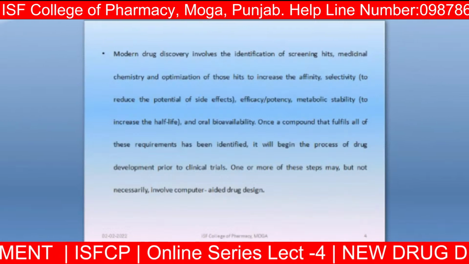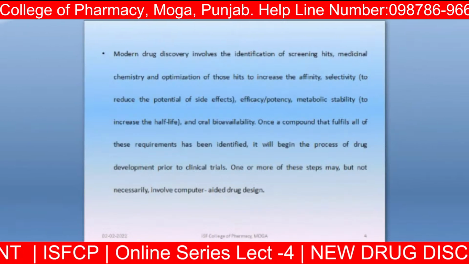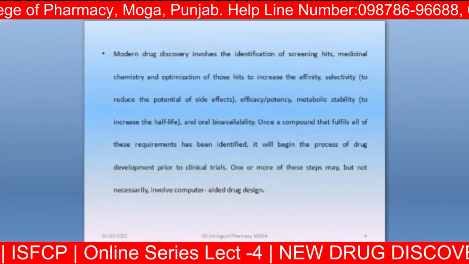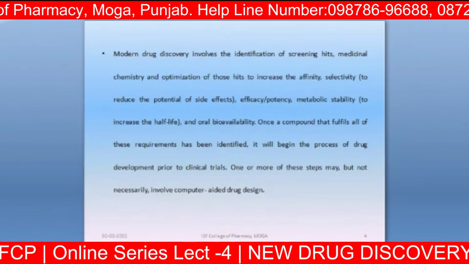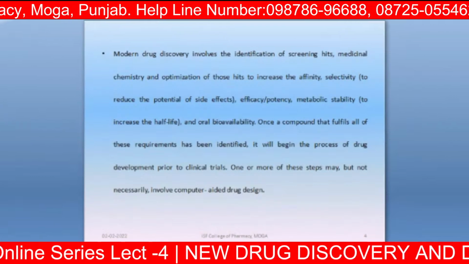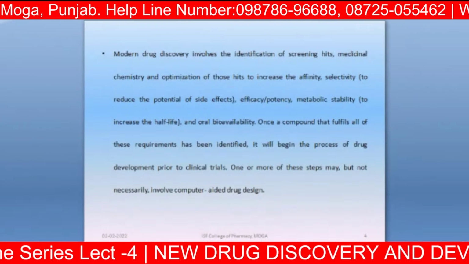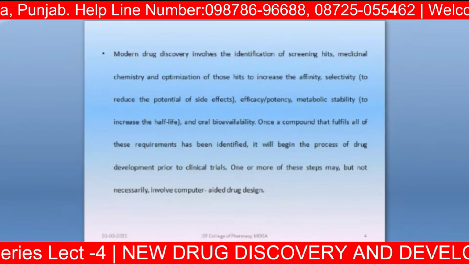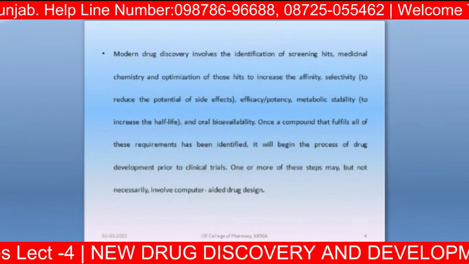If we want to compare, the time required by a drug to reach the circulation is very short in the case of an injectable, because it is directly linked to the blood supply. Negligible time is required.